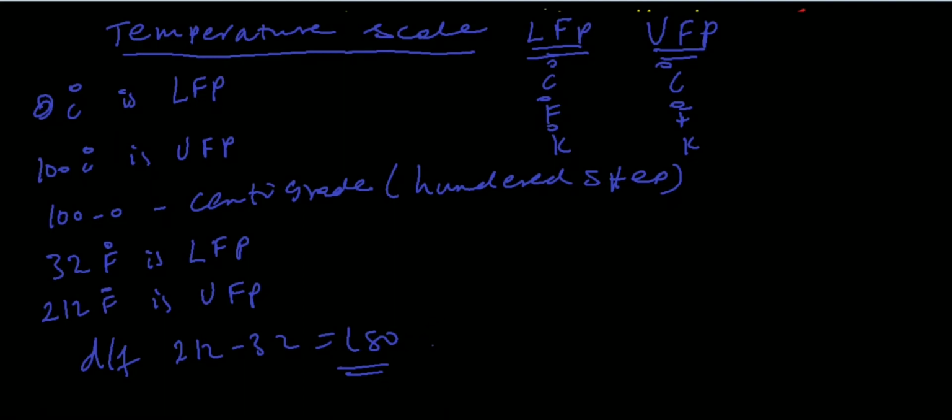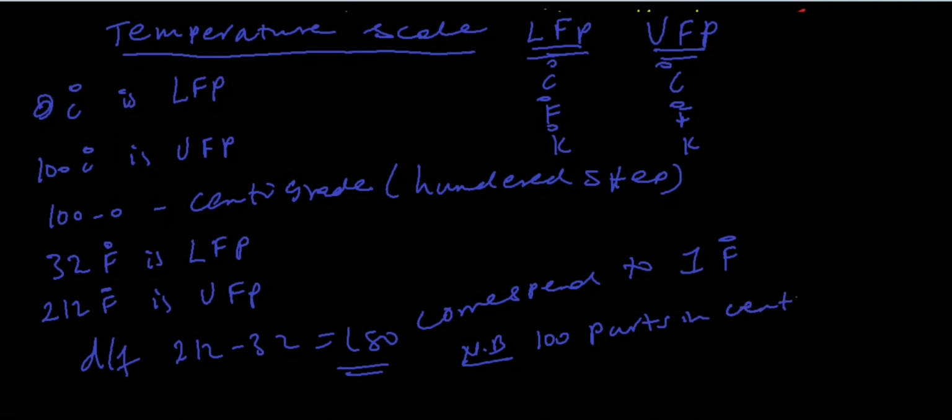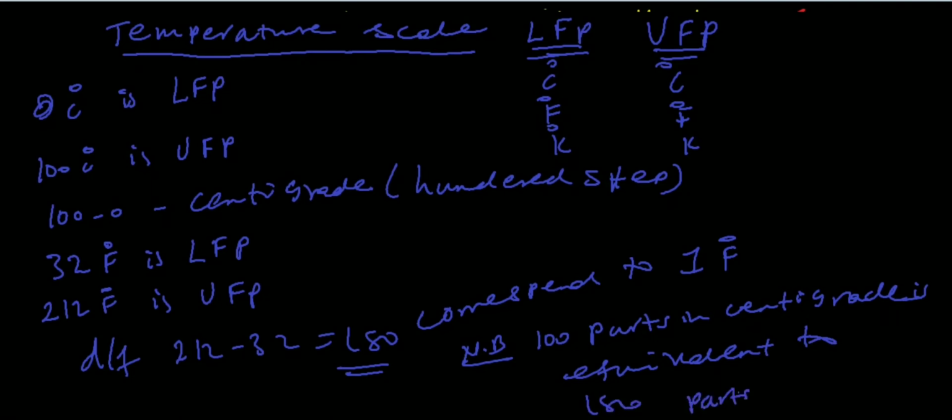Each interval corresponds to 1 Fahrenheit. Remember that 100 parts in centigrade is equivalent to 180 parts in Fahrenheit.